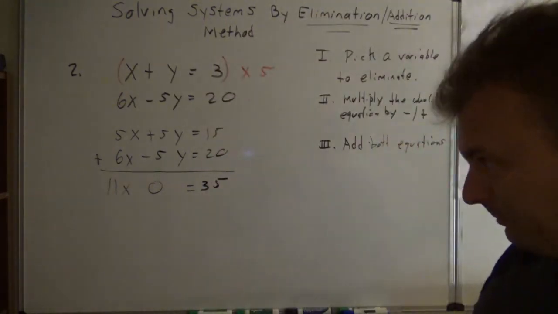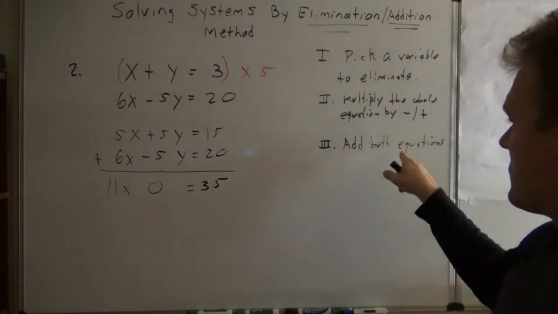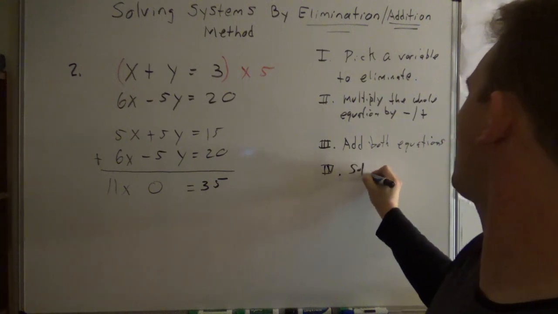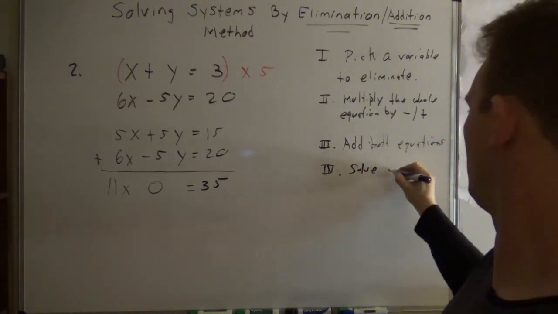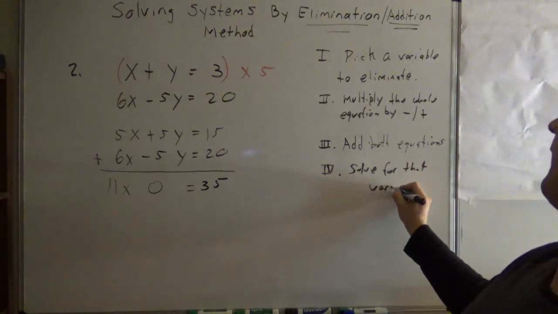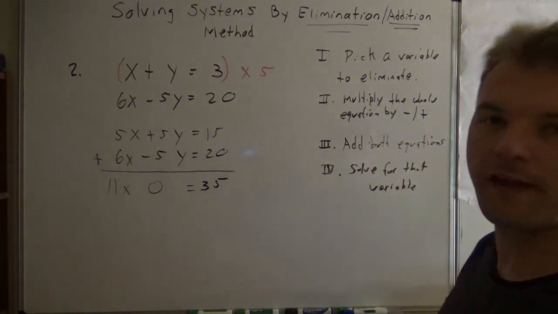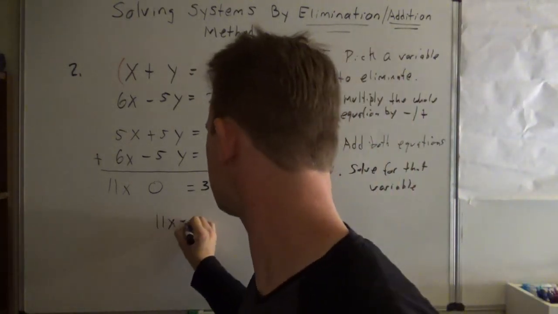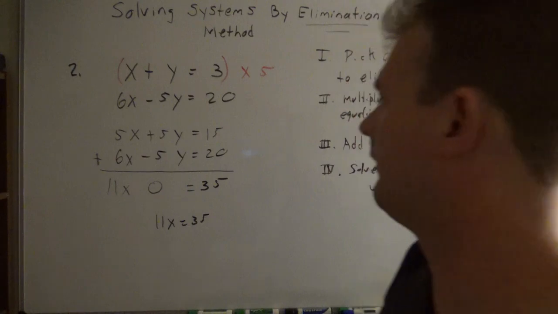All right? Okay. Now, number 4, we want to solve for that variable. Well, there's your variable. This is 11x equals 35.